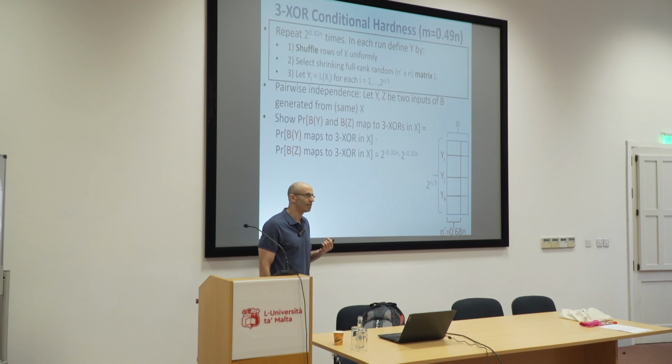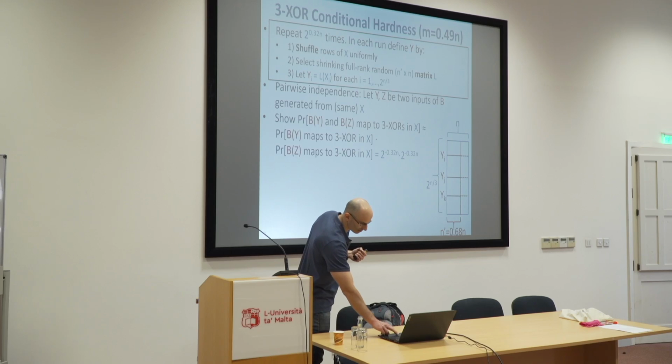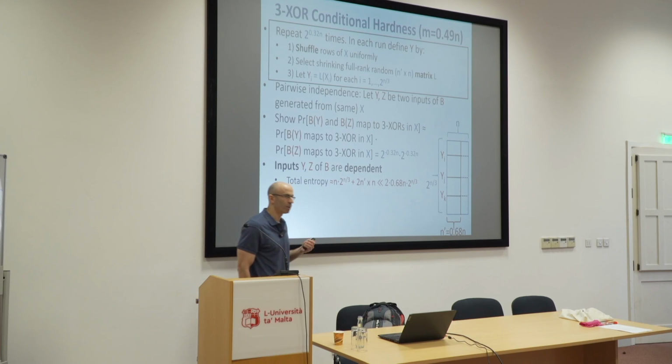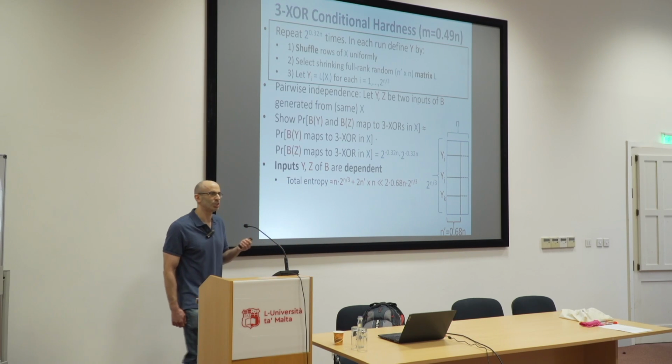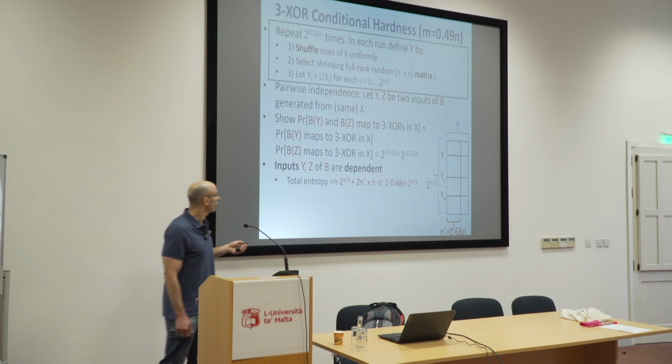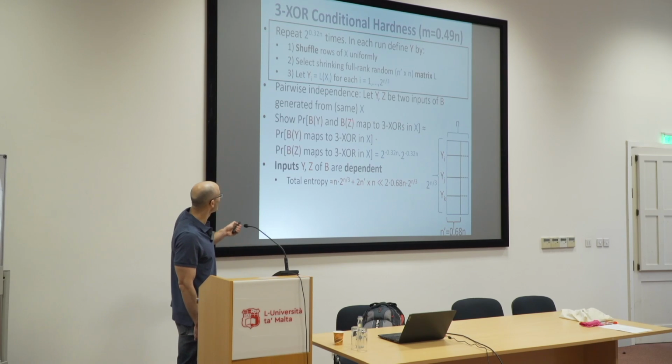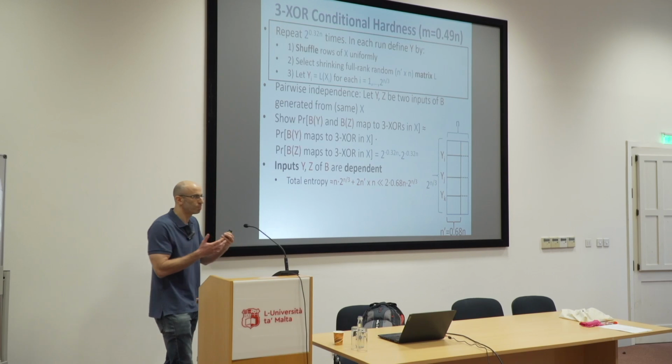And you can see that the inputs of B are highly dependent by the following very simple argument that just counts the entropy. If you count, what's the entropy of Y and Z produced from the same X? So the entropy is basically, what do we need to pick at random here?